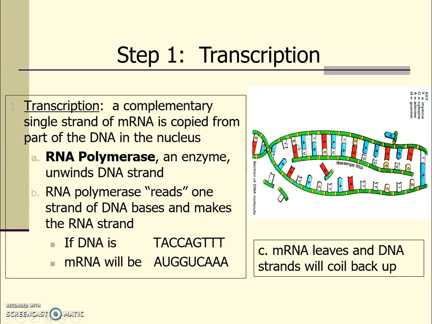Now, RNA polymerase comes and attaches at the beginning, and it starts transcribing the information from DNA over to RNA. And the example is here. If this is the segment of DNA, then this is the complementary segment that has been transcribed on mRNA. And then mRNA can leave the nucleus.